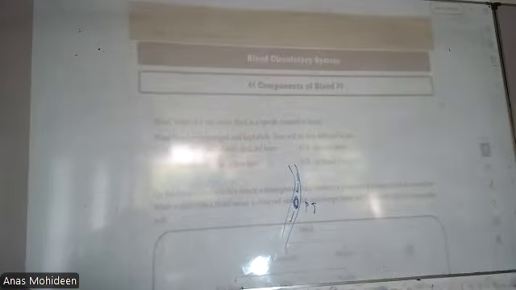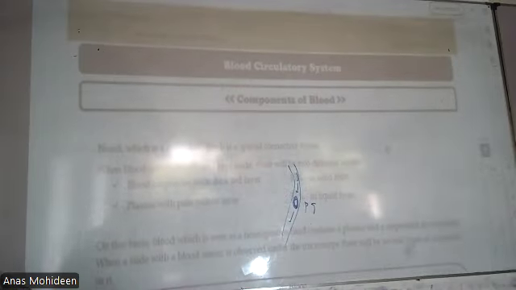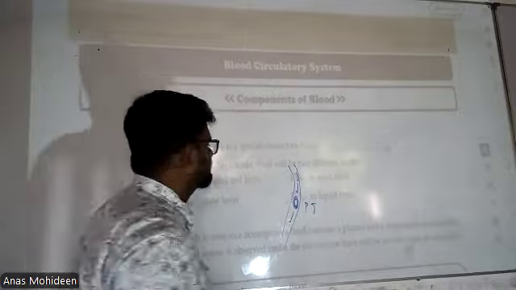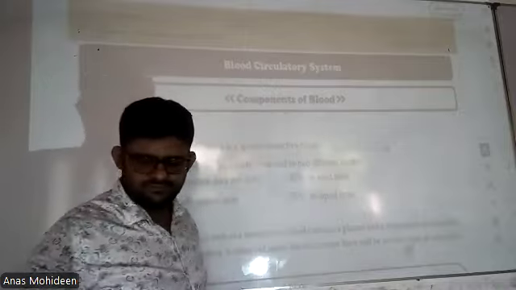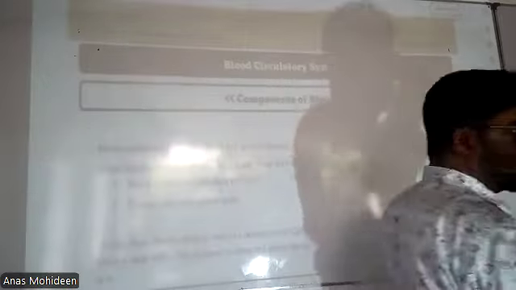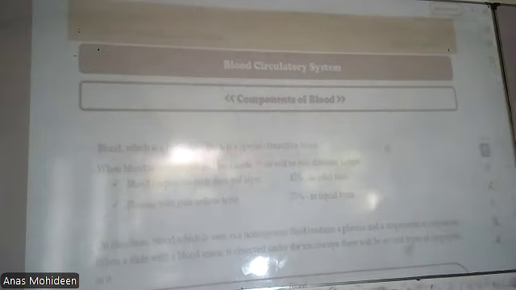Okay, so we move into the next part, that is the blood circulatory system. What is the color of blood? Red or blue? Red. Maroon color.